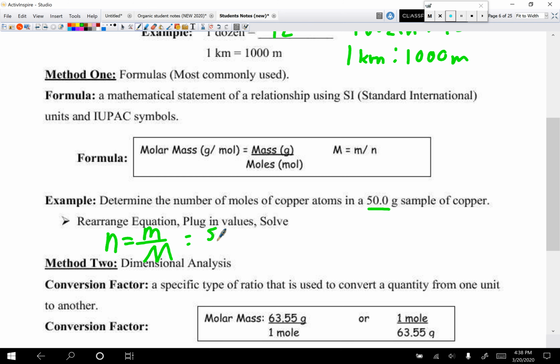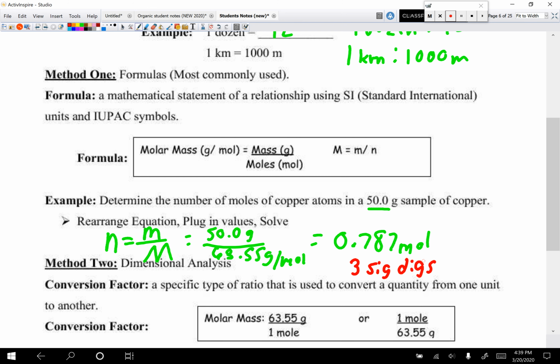So if we have 50.0 grams of copper, and the molar mass for copper is 63.55 grams per mole, we get 50.0 divided by 63.55, which is 0.787 moles. From what we just learned, this is our answer in 3 significant digits. That is traditionally what we have learned in the past.